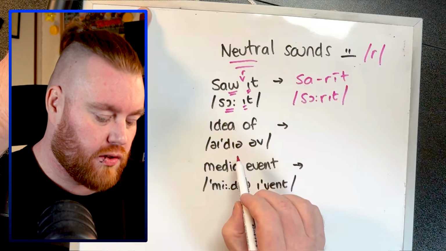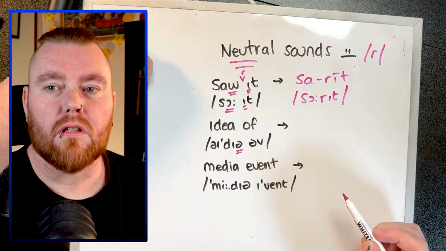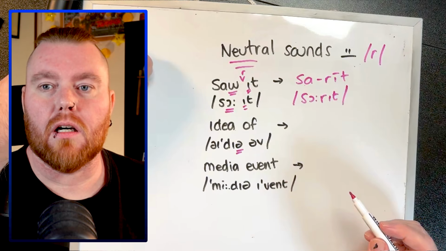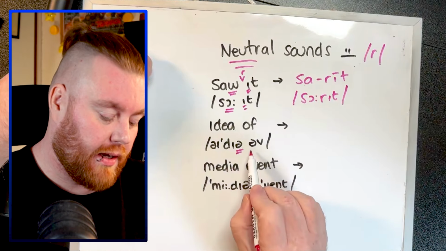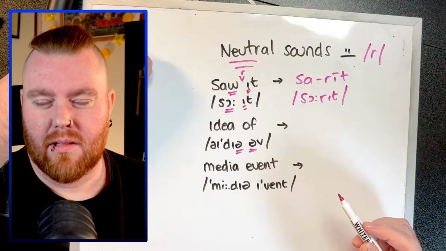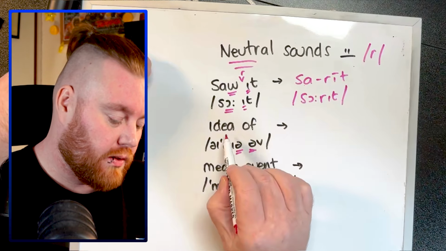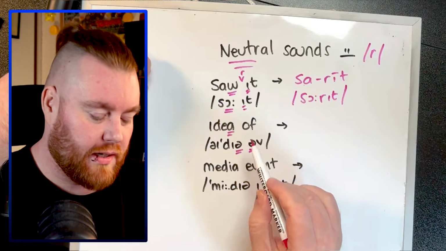Next one. Idea of. So here we've got this kind of neutral, idea. And the next one starts with the same sound, idea of. So even though it finishes with a a, it's actually a schwa sound.